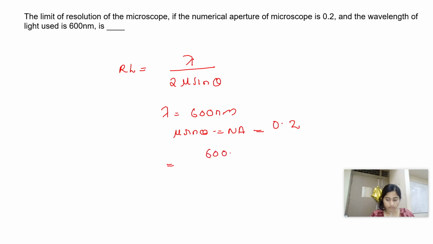So it will be 600 times 10 to the power minus 9 divided by 2 times 0.2, which is 1.5 micrometer.